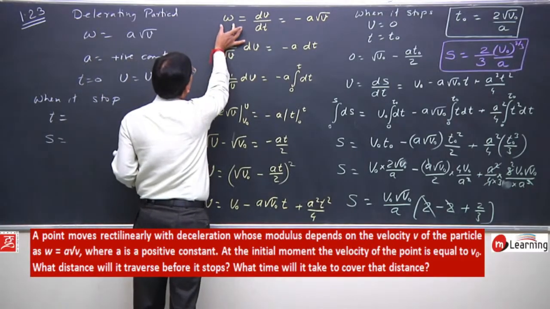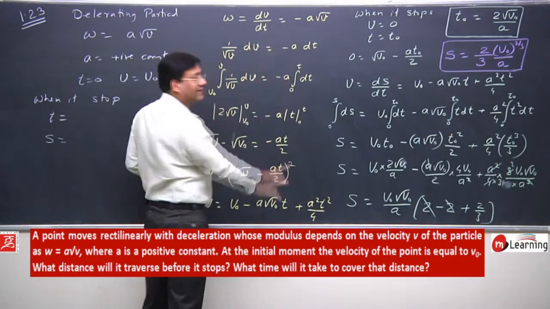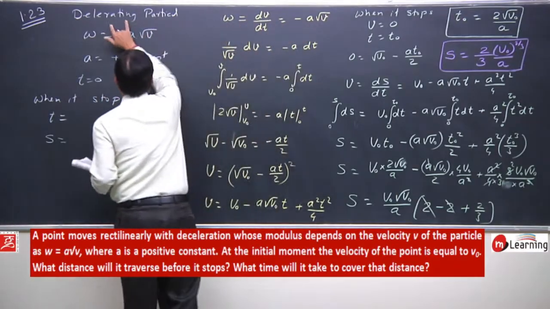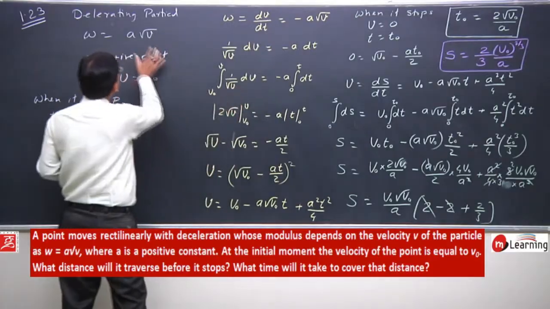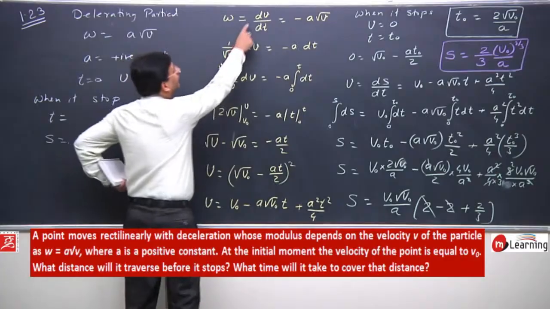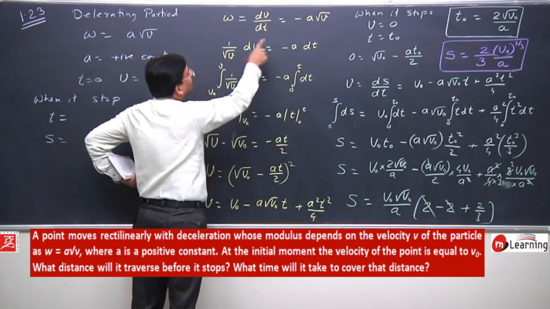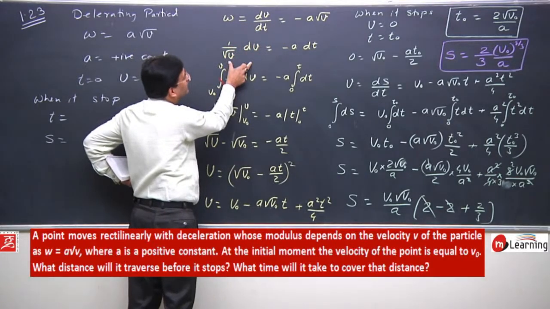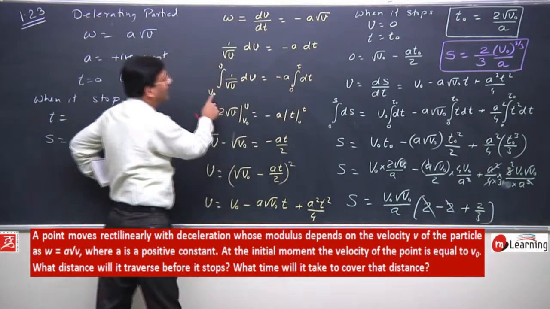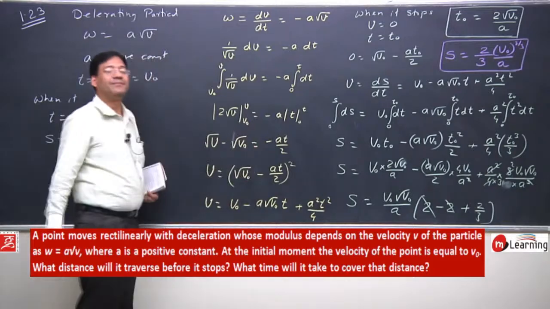मैंने कहा acceleration is equal to dv by dt, and that acceleration must be negative because it's a decelerating, and moduli of that acceleration is a root v. For dv by dt equal to minus a root v, I rearrange the differential equation. 1 by root v dv is equal to minus a dt. I integrated it on both the sides.